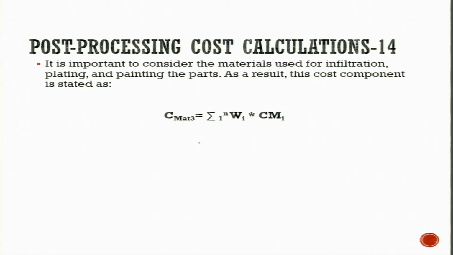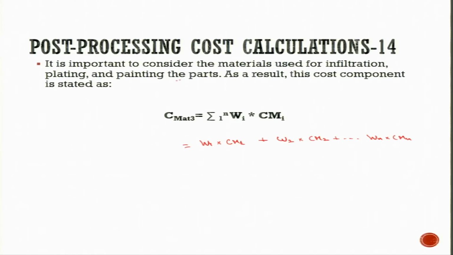For example, if I am using 2 materials, it would be W1 into Cm1 plus W2 into Cm2. If multiple materials are used, this will keep on adding till Wn into Cmn.